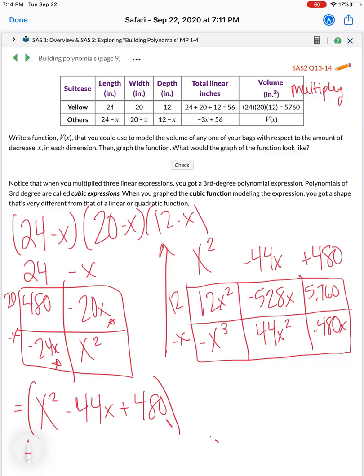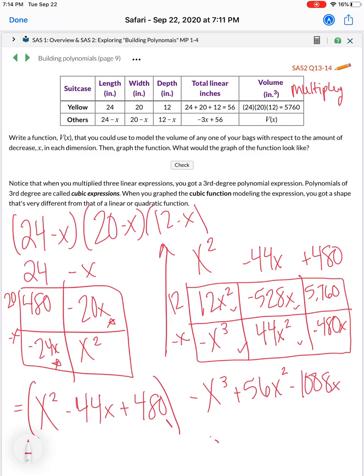So I'm going to combine terms from highest power to constant. So we have a negative x cubed. We have a positive 56x squared.